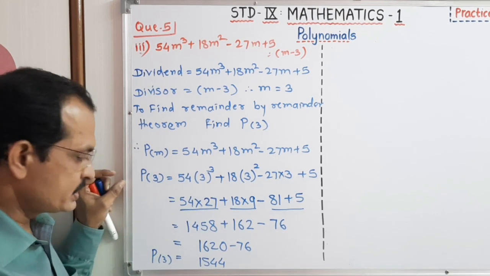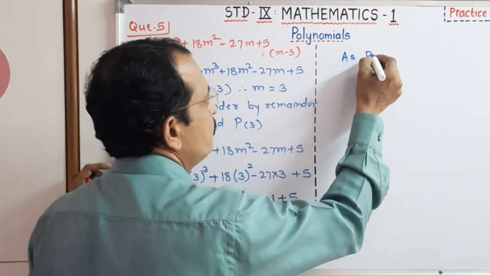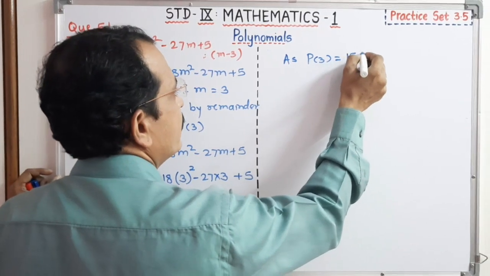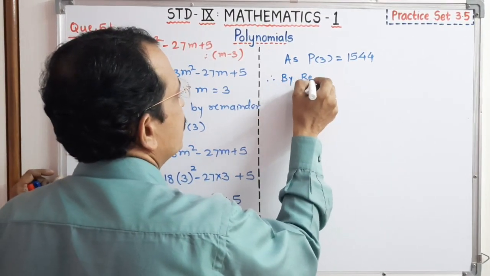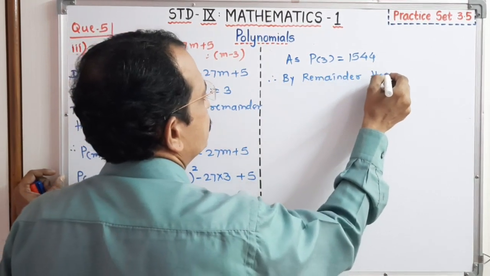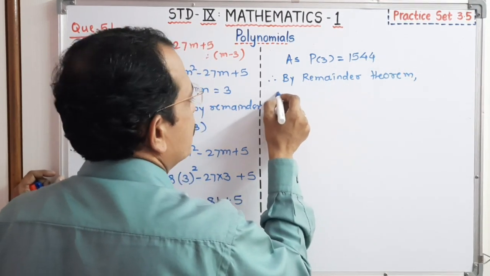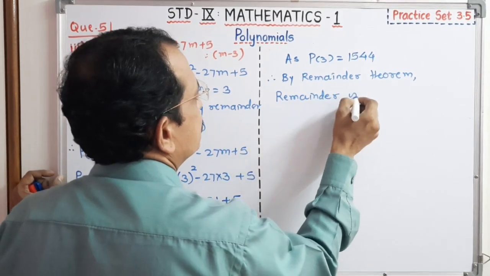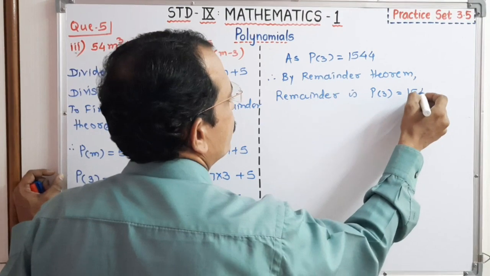Got it? Now see here, P3 is equal to 1544, therefore by remainder theorem, remainder is P3, which is equal to 1544.